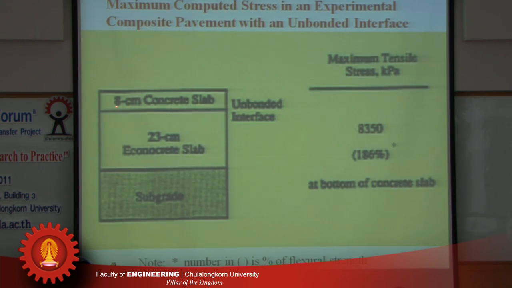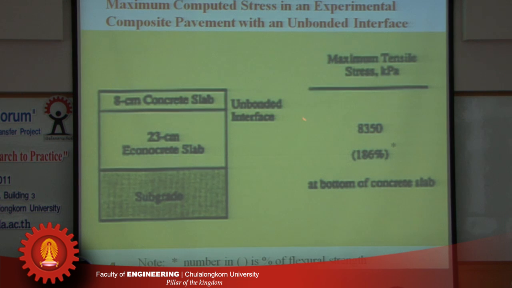Okay. In Florida, there was an experimental road where a thin layer of concrete was placed over an econocrete layer, and most of them were bonded, but on a few test sections, they were not bonded. And the unbonded section failed pretty much right away. Okay.